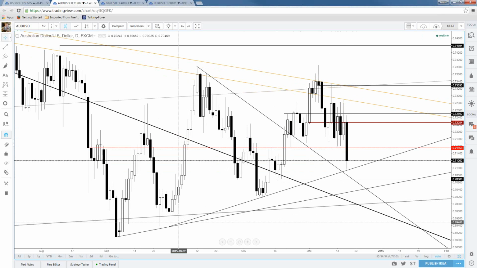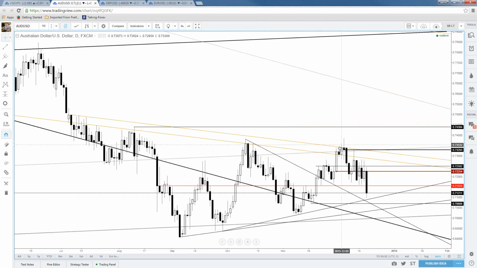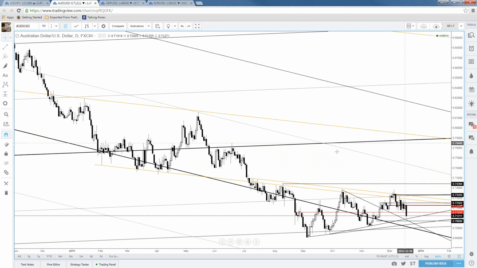You've got the trend line that extends off of lows back in September as well as November, also around this area. And then the next level would be this trend line here. We have failed, again, continually at the very long-term slope lines, which is keeping Aussie dollar pressure on the downside.